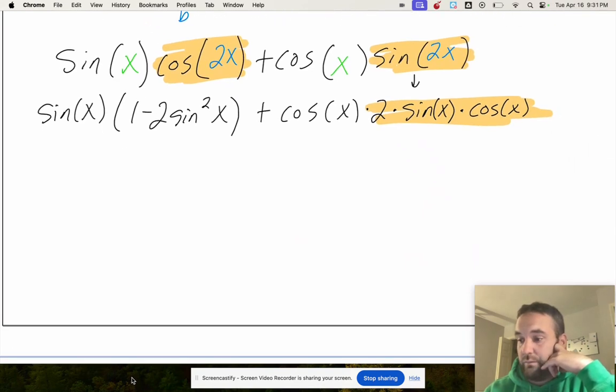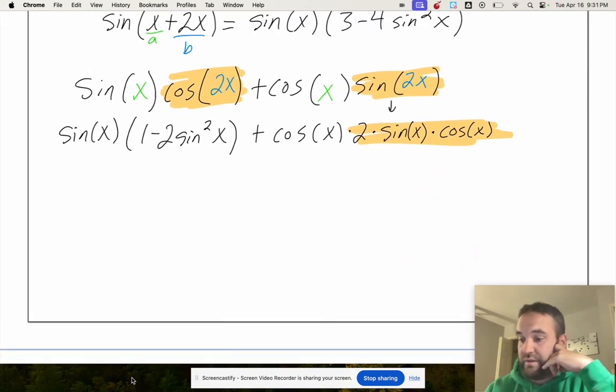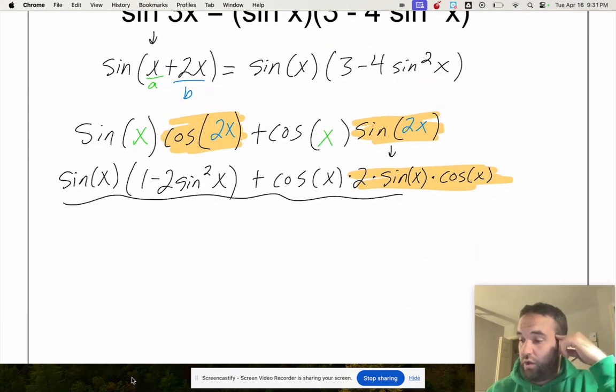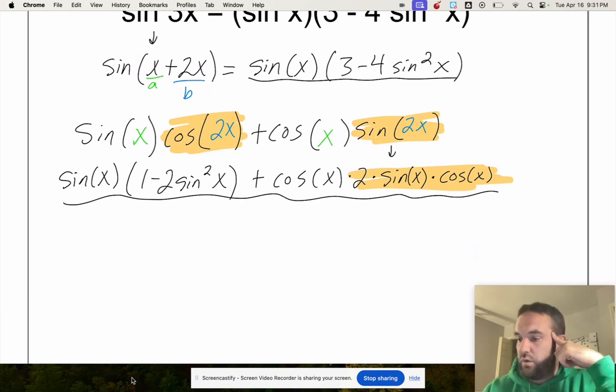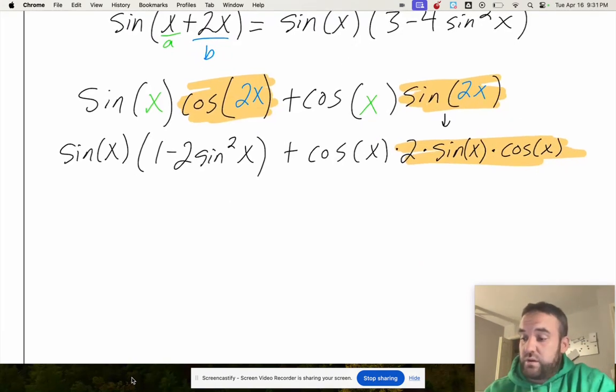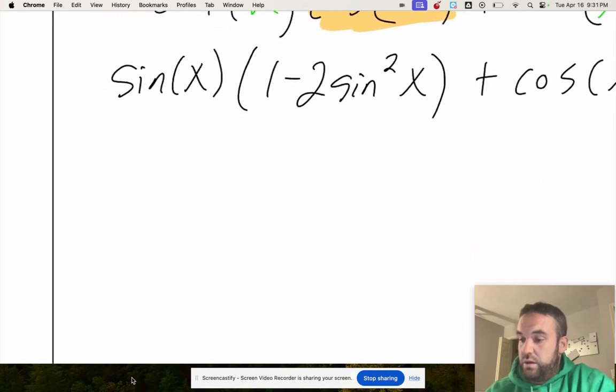Okay, now, again, all of this is technically only the left side of that equation. I'm trying to get all of this to look like that. So I'm not going to write the equals sine x times 3 minus 4 sine squared because space is a little limited, but let's see what I can do here.